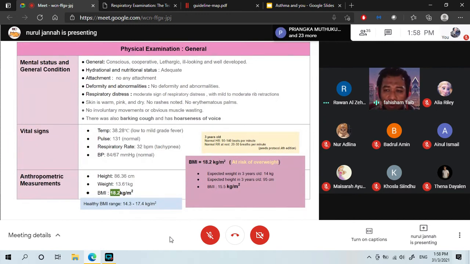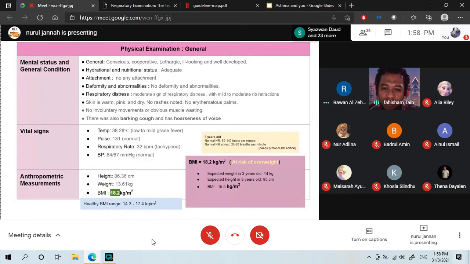If it's low, how low is low? What SpO2 should we expect in this child? More than 95%, high 90s.